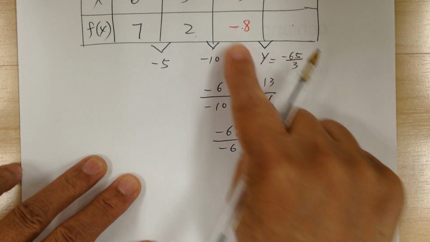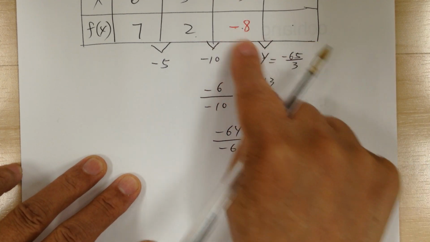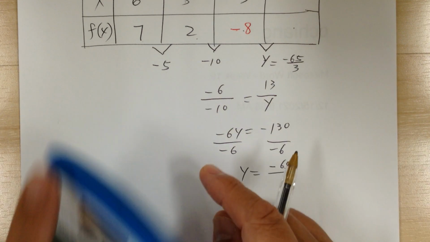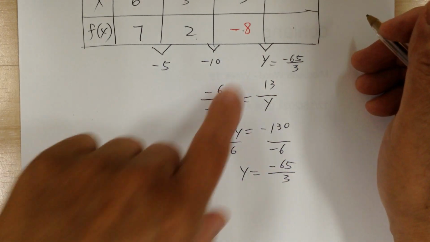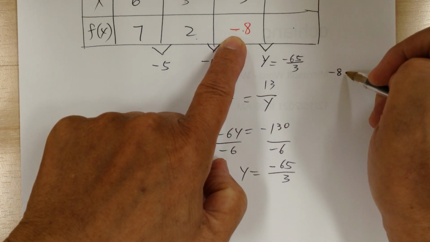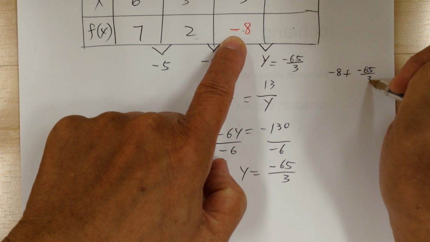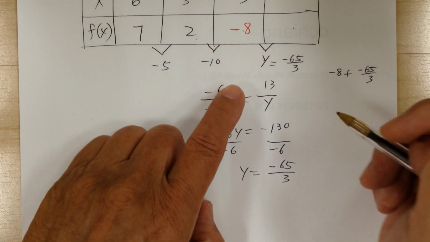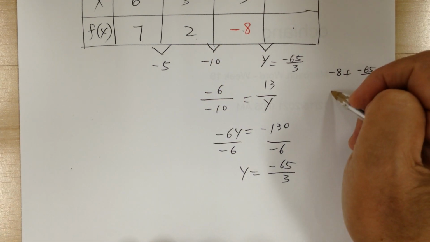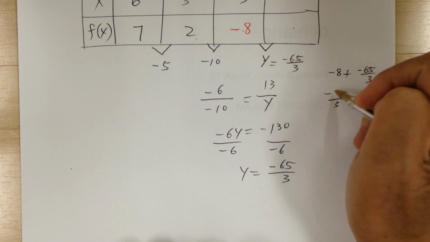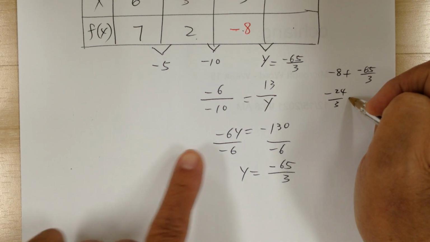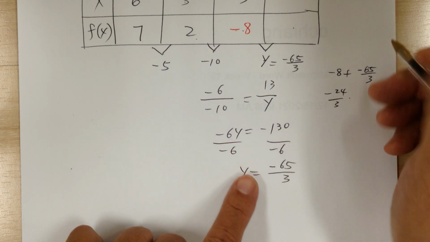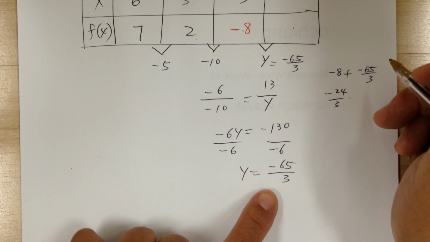Okay, now once you get this number, to get from here, you just add this together to get that. You can use your calculator, or you can just do it manually. You can go up to the side. So you're going to get negative 8 plus negative 65 over 3. And then you can make it into negative 24, oh, this is positive.